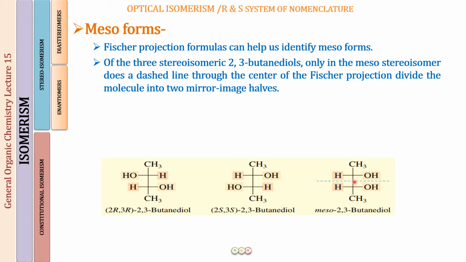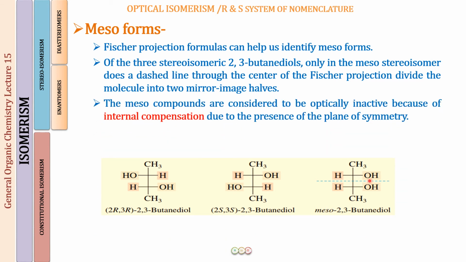So if this one is S configuration, this is the enantiomeric form of that, it is going to be the R configuration. If this one is rotating the light in the clockwise direction, this is going to rotate the light in the anti-clockwise direction, and as a net result, optical rotation is going to be zero.